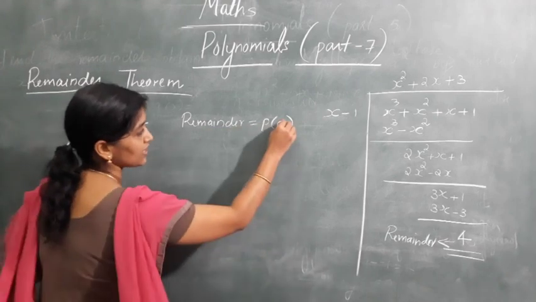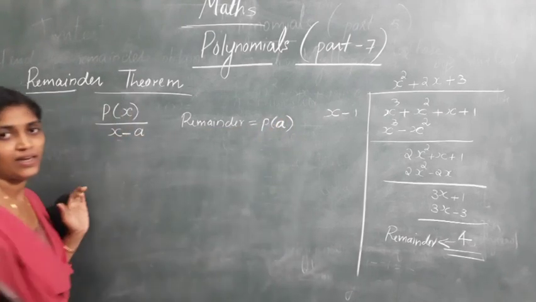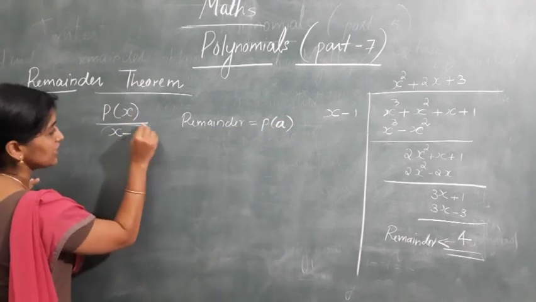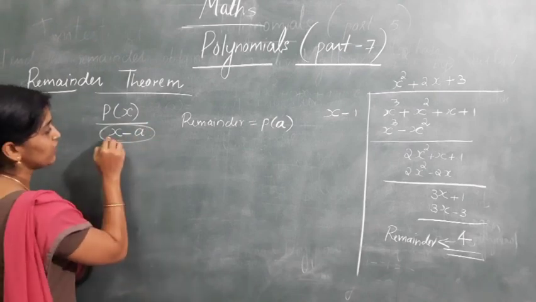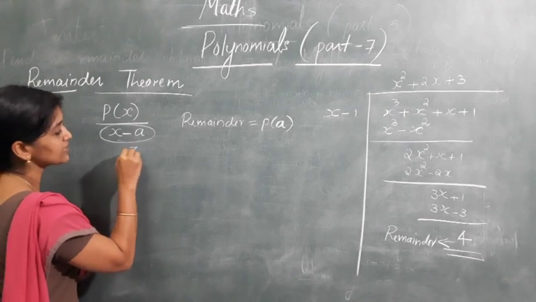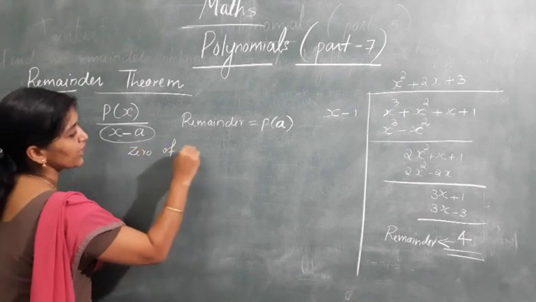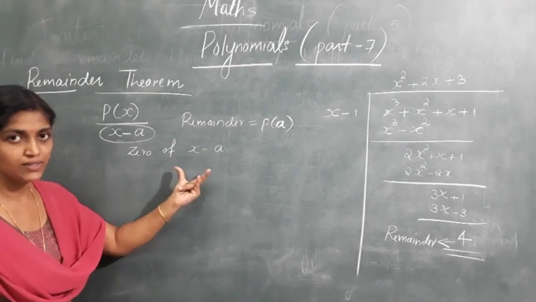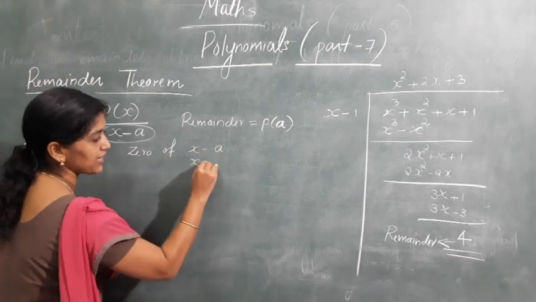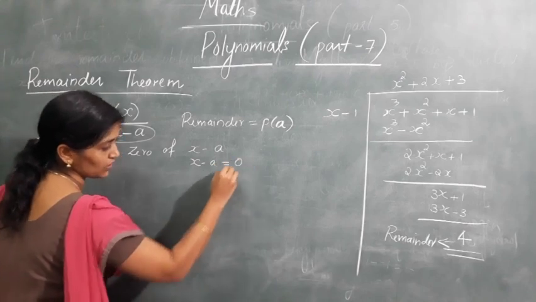So you will see what this a is. You are dividing by x minus a. What is the 0 of x minus a? You can find it by setting x minus a equal to 0.